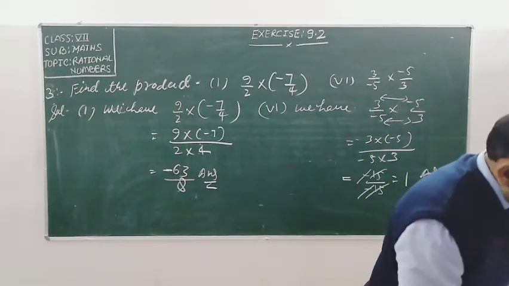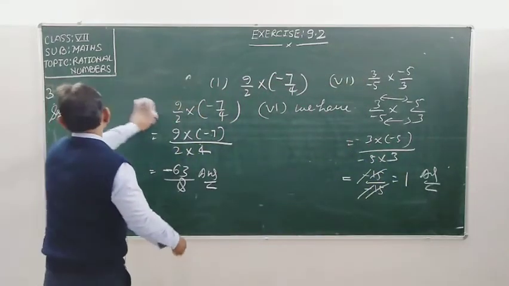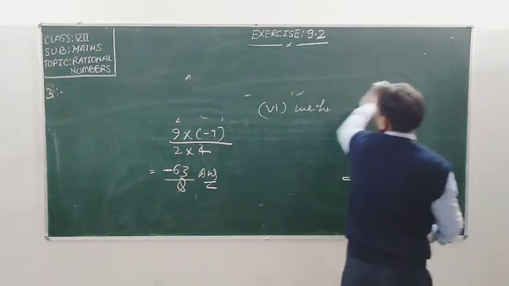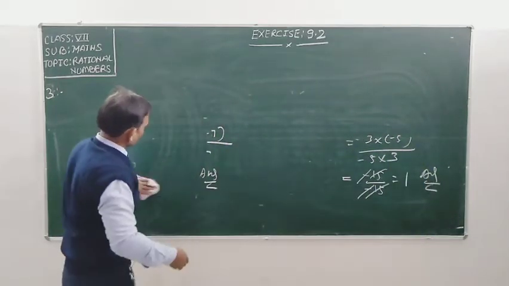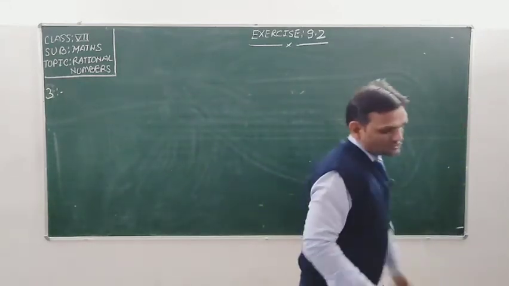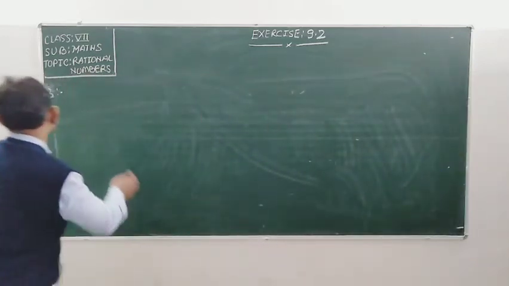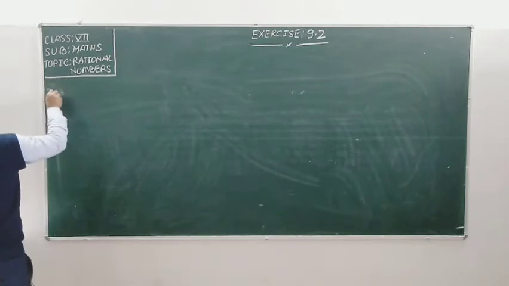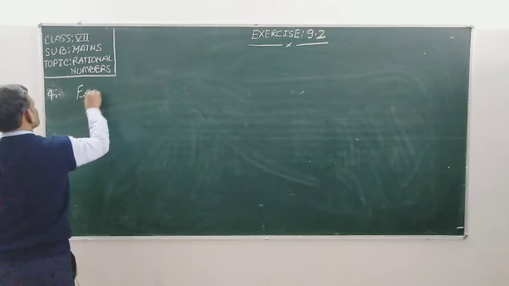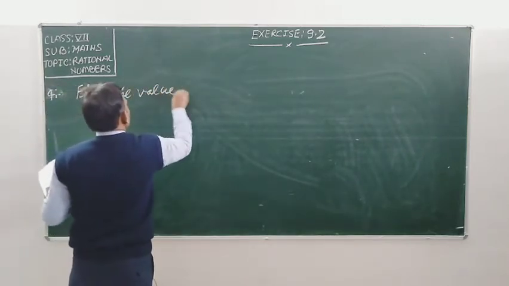So come to the last question of this exercise, student. Question number 4 belongs to the division question. So this is also very easy. Firstly, I am writing the question on the board. Question number 4, find the value of.